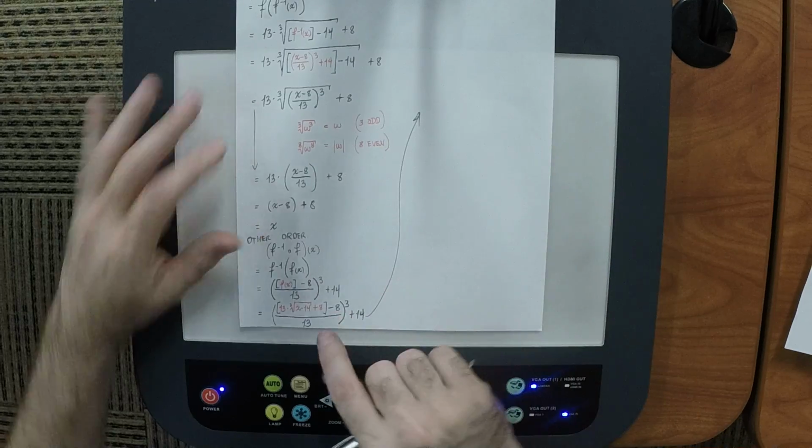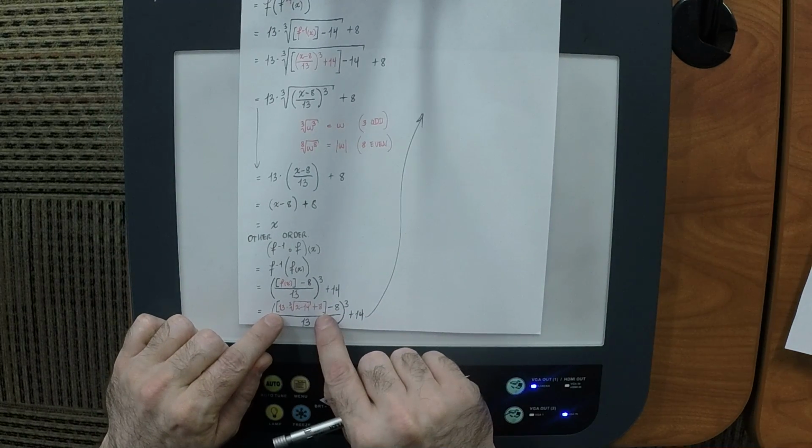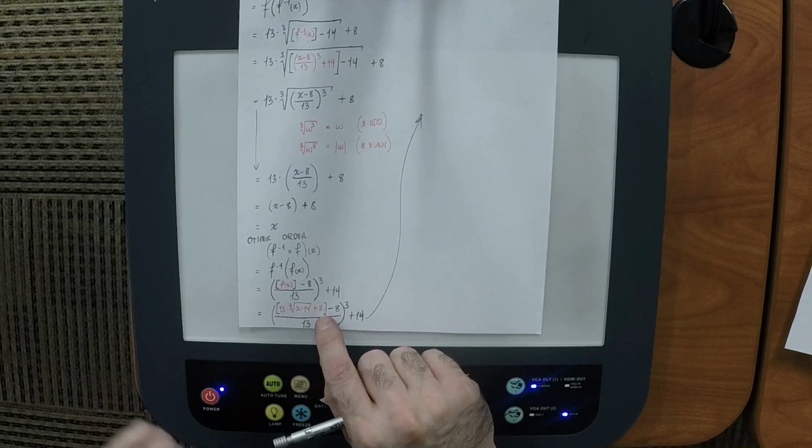All right. So then, because of the associative property, we can drop the square parentheses. When we do that, the 8's cancel.